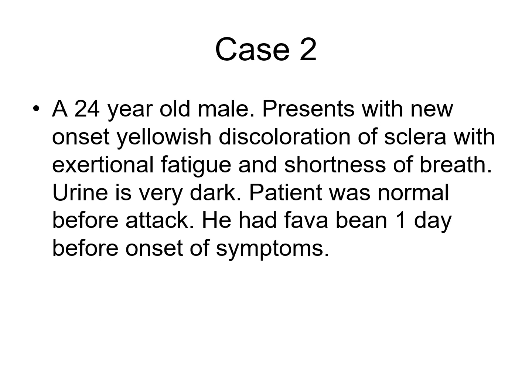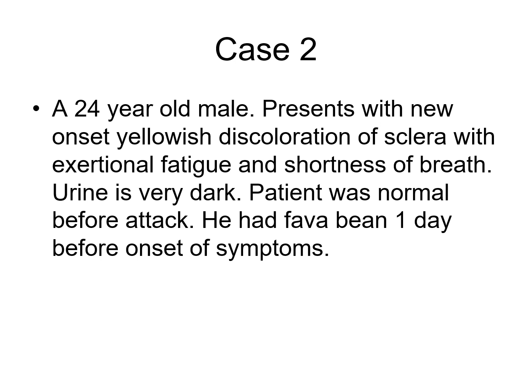And if we encounter a patient with such symptoms, the thing that we should think of is mainly hemolysis. So the patient in case number 1 and this patient in case number 2 would probably have some kind of hemolysis. The urine is very dark, and the patient was normal before the attack, so completely normal before having the attack.